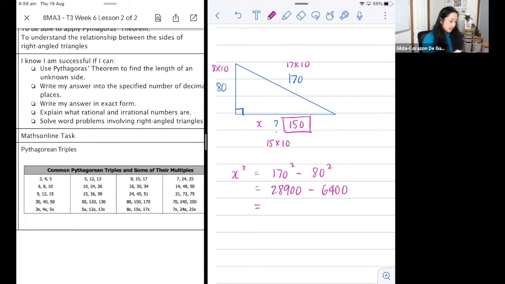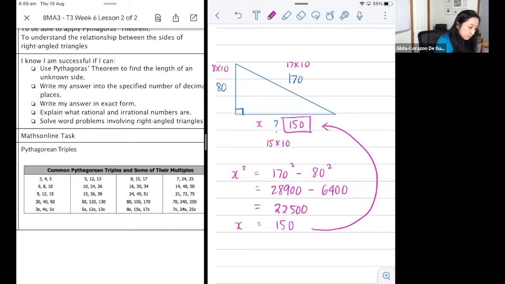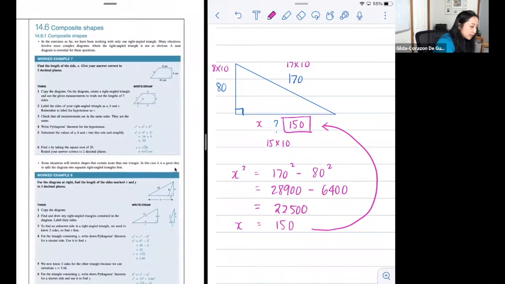I subtract them and I get 22,500, and end up with the square root of that, which is 150. And lo and behold, that's the same as what I got here without even calculating, only because I know these Pythagorean triads.